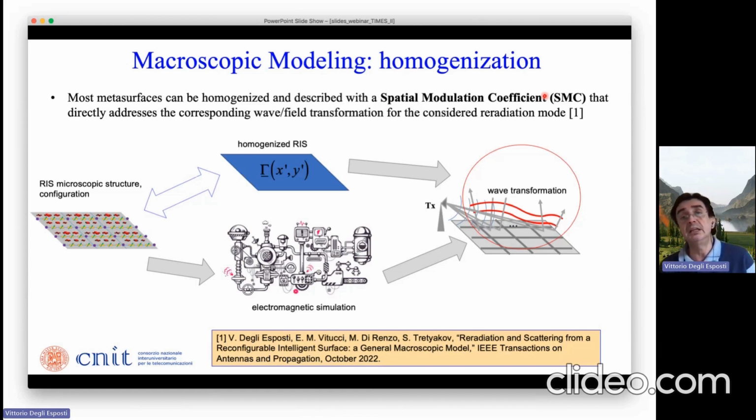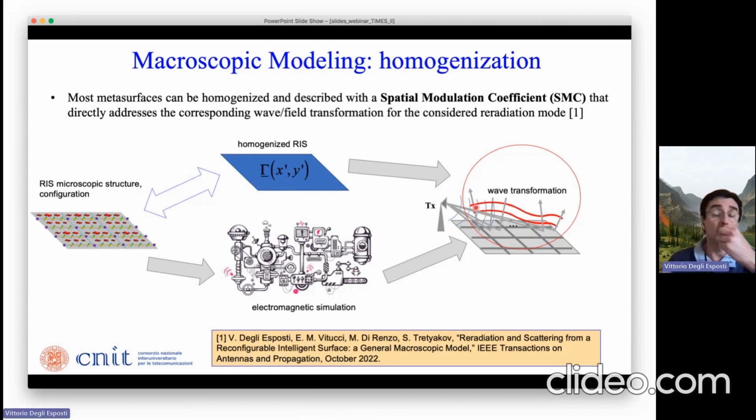And this is done for each re-radiation mode if the metasurface re-radiates more than one mode. So you can find the basics of this representation in this paper we published a few years ago. And we start from the spatial modulation coefficient to directly calculate the wave transformation.